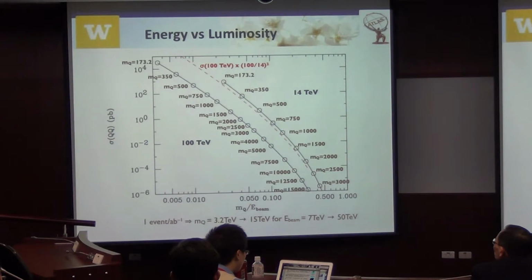Okay, so let's just pick one parameter to guide us. For example, let's pick this value, this 1 attobarn production cross-section value. At this value, for the same integrated luminosity, for the 14 TeV collider, you can probe an energy of 3.2 TeV, but for the 100 TeV collider, you can probe 15 TeV.